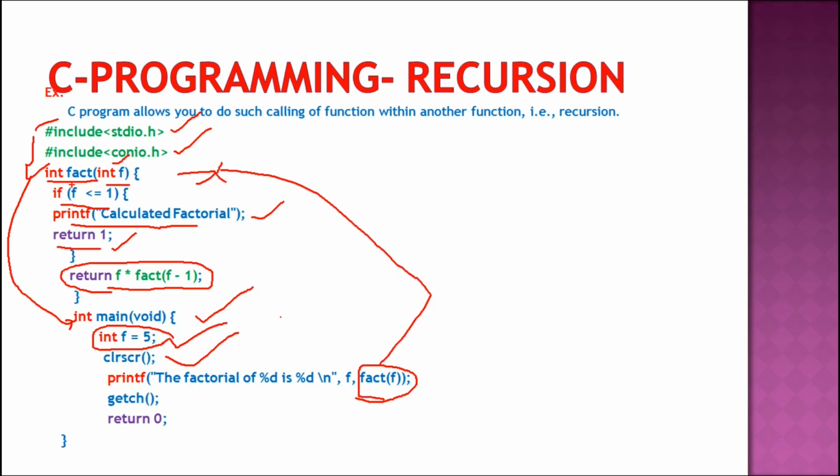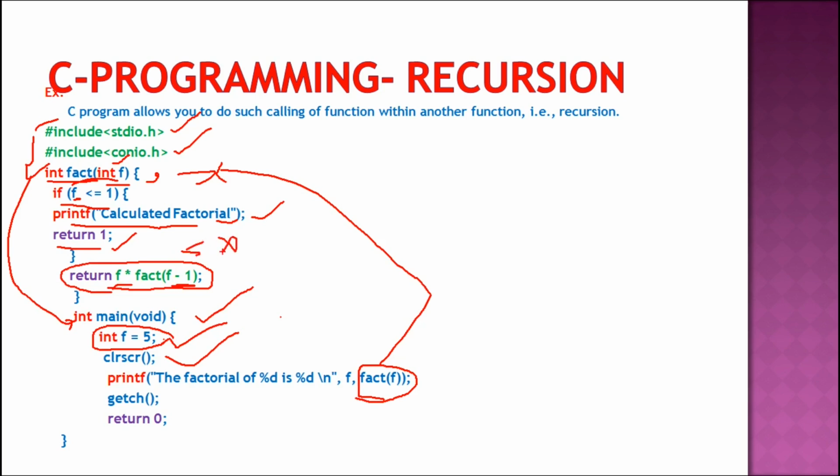Here we give the value 5, so its initial value will be 5, which is not less than or equal to 1, so it prints calculating the factorial and executes. After that it will return our value 5 into factorial of f minus 1, and that means 5 into 4, in multiplication.